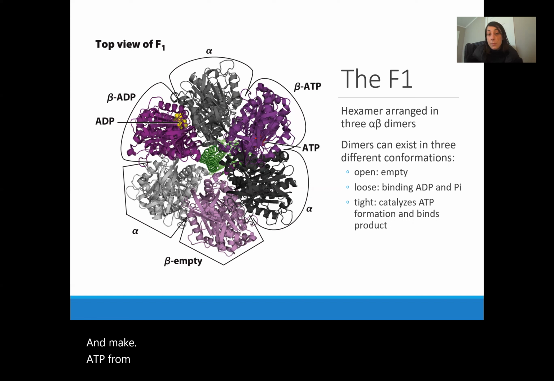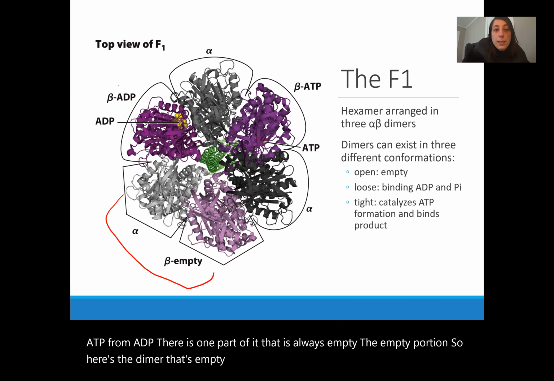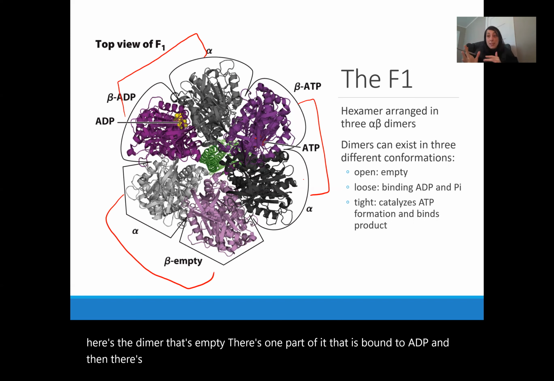There is one part of it that is always empty, the empty portion. So here's the dimer that's empty. There's one part of it that is bound to ADP. And then there's one part of it that has the ATP that has just been made.